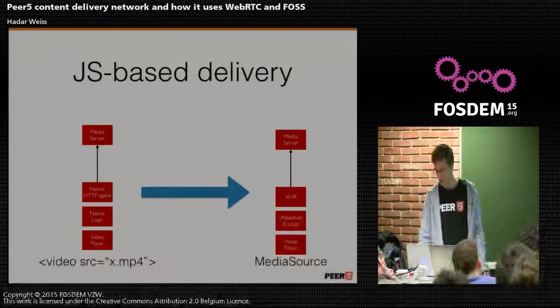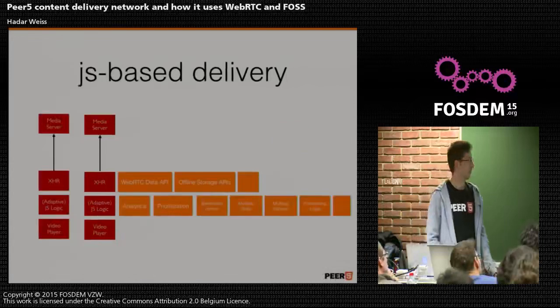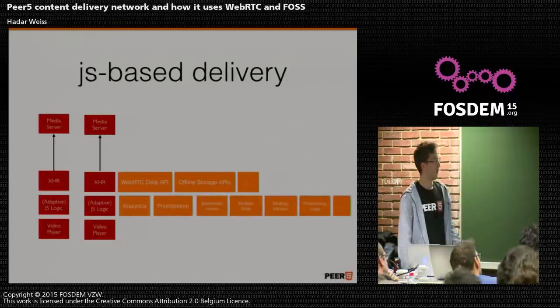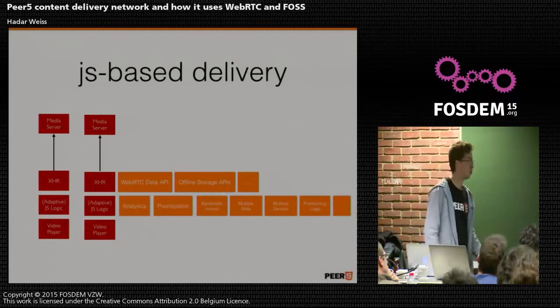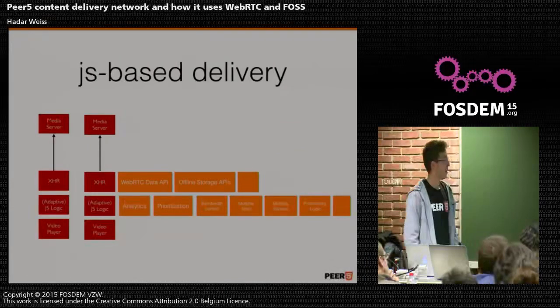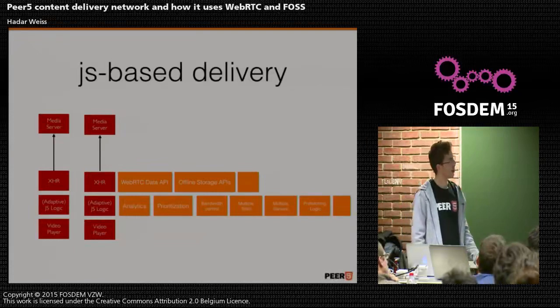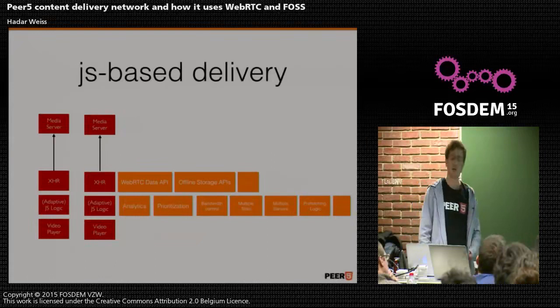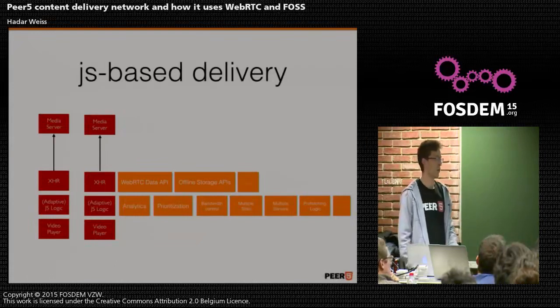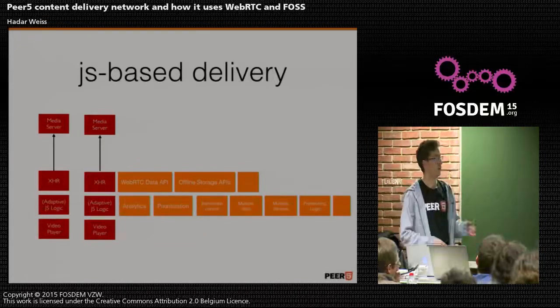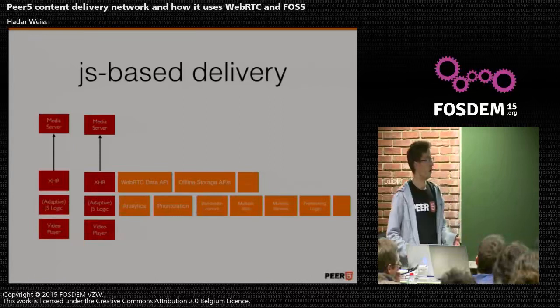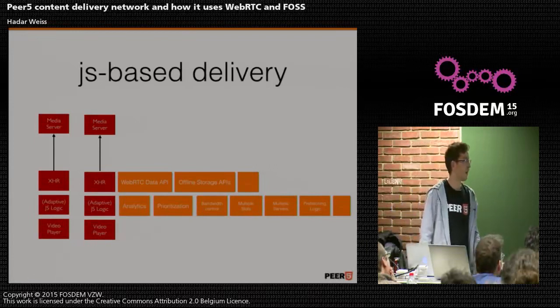It's much better because it lets us also build more mechanisms on the client side, build more distributed smart applications. We can build better analytics on the client side. We can prioritize between the video chunks. We can control the bandwidth. We can have multiple slots, multiple connections even to a single server, or we can use several servers at the same time.